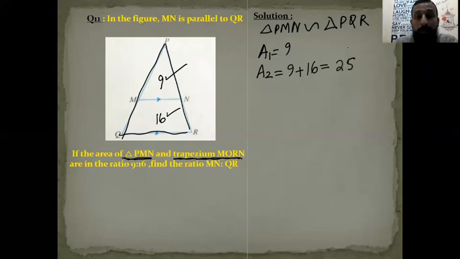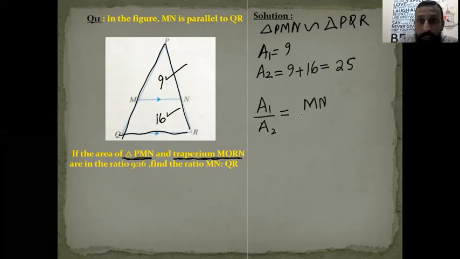Now we have the areas of the 2 similar triangles PMN and PQR. By this understanding, we can calculate the ratio of the unknown parallel sides MN and QR. Applying the formula we have learned, A1 upon A2 equals L1 upon L2 whole square. What is L1? L1 is MN and L2 is QR.